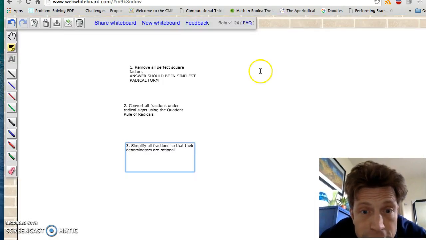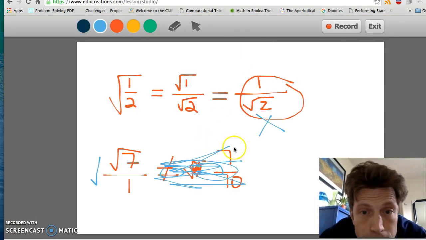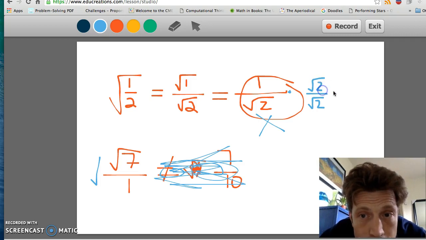I'm going to multiply that square root of 2 by square root of 2. And I can do that because it's part of a fraction. And any fraction, I can always multiply the top and the bottom by the same thing, and then I will get an equivalent fraction. So square root of 2 times square root of 2, as we said, is 2. Square root of 2 times 1 is square root of 2. And now I have simplest radical form.